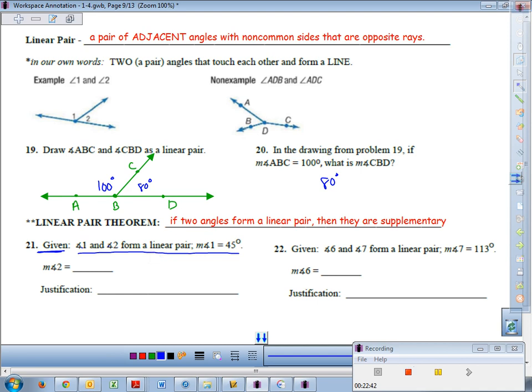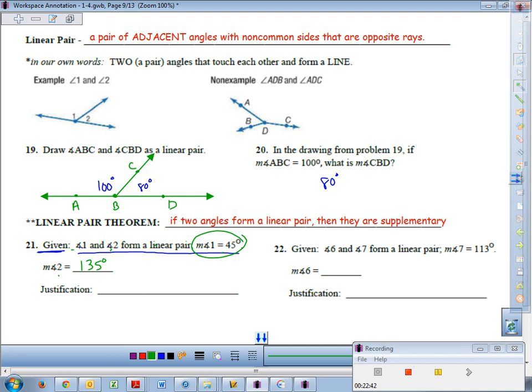They also told me that the measure of angle 1 is 45 degrees. So if angle 1 and angle 2 form a linear pair, and you know that angle 1 is 45 degrees, can we figure out what the measure of angle 2 is? What would the measure of angle 2 be? 135 degrees is correct. And the question is, why?